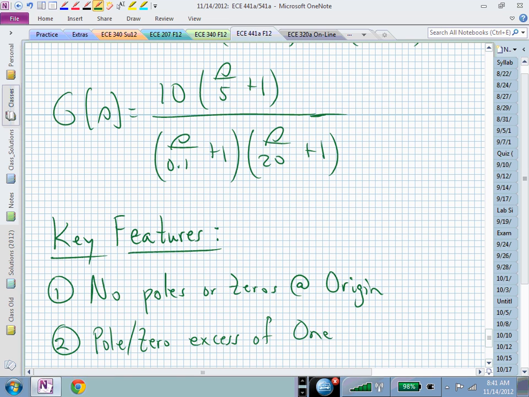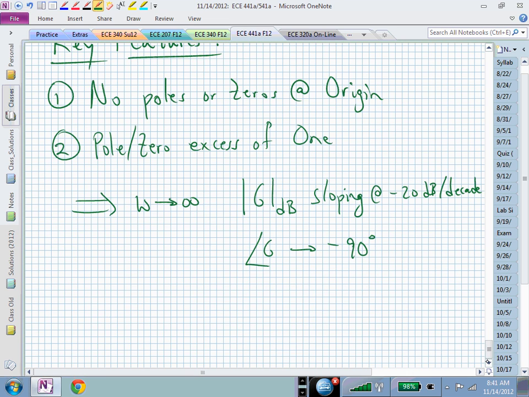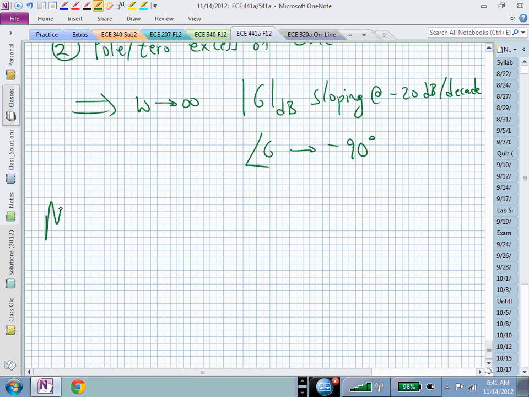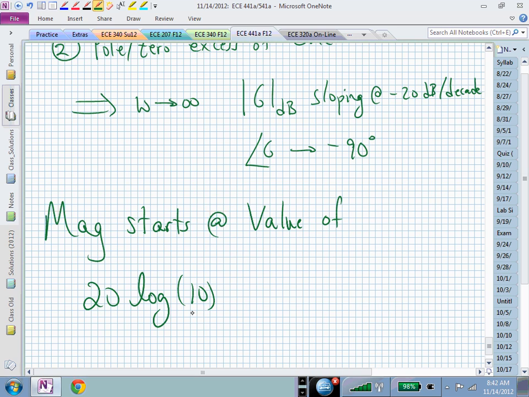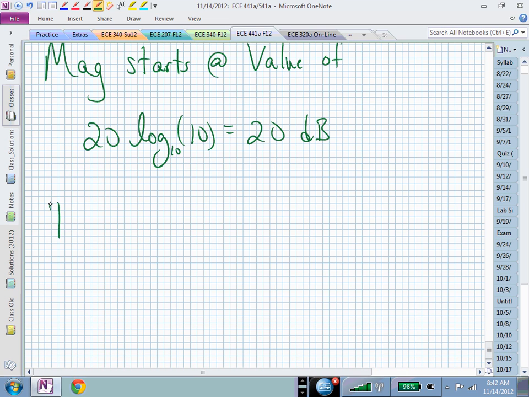We have a DC gain of 10, but we need to write that in terms of dB, so our magnitude is starting at a value of 20 times the log base 10 of 10, or 20 dB. And then we're going to have breaks.